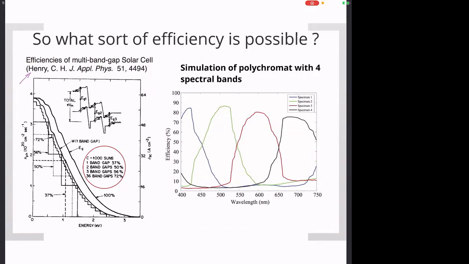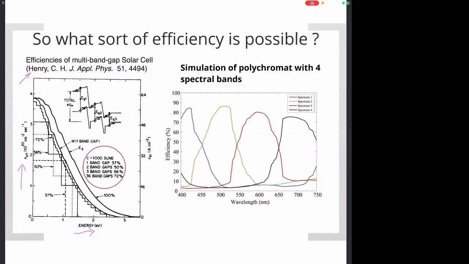So this is the plot, and the plot simply shows the energy of the photon from the sun as a function of the horizontal axis, and the vertical axis is the density, or how many photons are there coming from the solar spectrum, per unit area, per unit time for that particular energy, accumulated up to that energy.